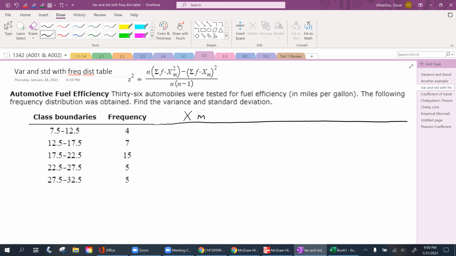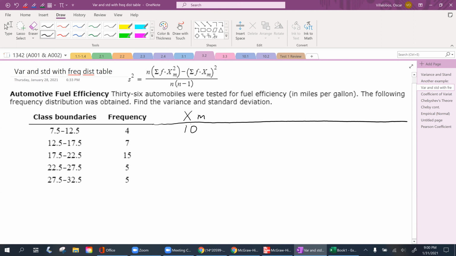Do we remember how to find our midpoint? For the specific class I'm referring to, I add the lower boundary and the upper boundary and divide by 2. So 7.5 plus 12.5, divided by 2, gives me 10.